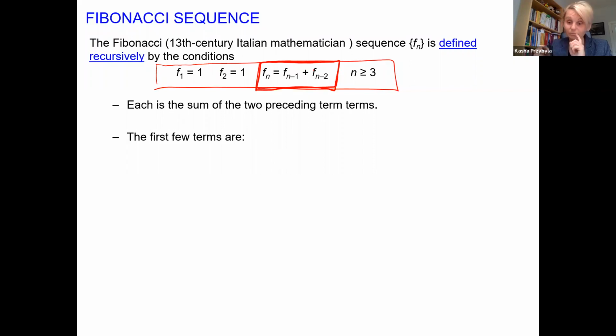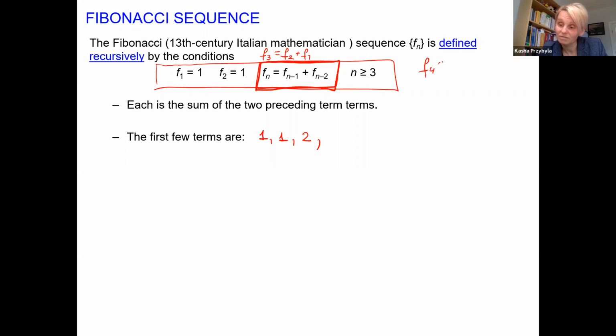Makes sense? The first term is 1, the second term is 1. Can you tell me the third term? It will be 1 plus 1. I can even substitute: if n is 3, then 3 minus 1 is 2, 3 minus 2 is 1. I add the second and the first term, and then I can keep working.